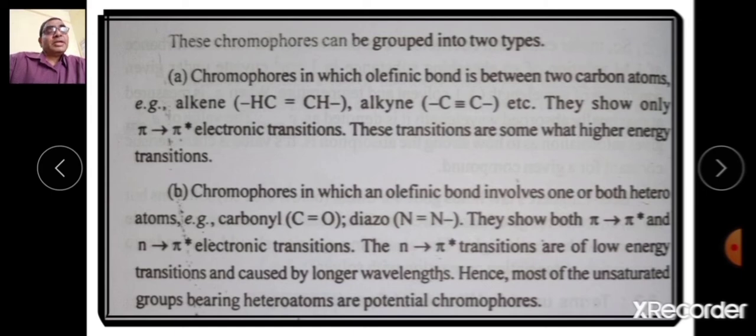Of course, n to pi star transitions are of lower energy and caused by longer wavelength, because when energy is low, lambda is more, as they are inversely related. Hence, most unsaturated groups bearing heteroatoms are potential chromophores.